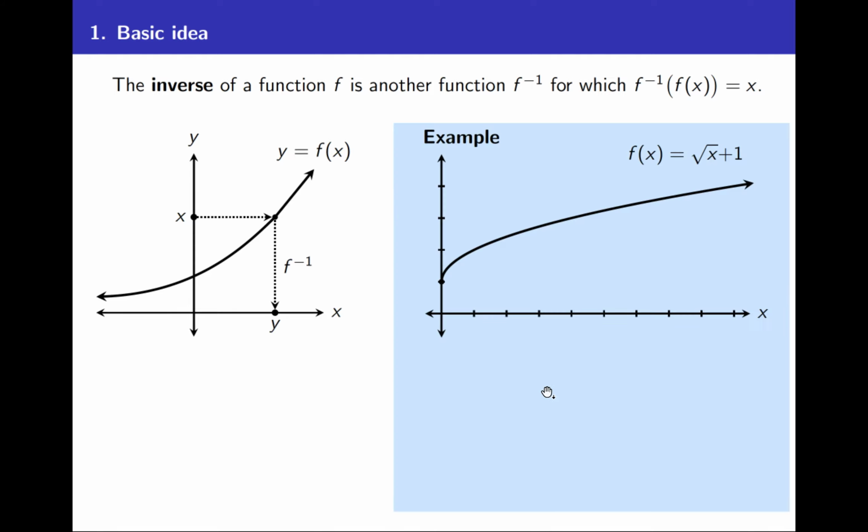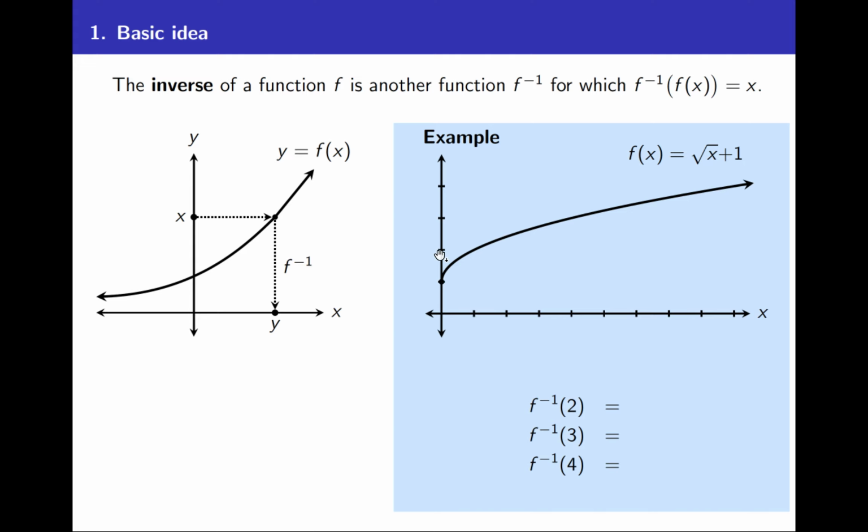Let's look at an example. Here is the function f of x equals the square root of x plus 1. So that's our f of x. Let's see if we can figure out f inverse of 2, f inverse of 3, and f inverse of 4. Let's start with f inverse of 2. According to the picture that we have here, the input is going to be 2.